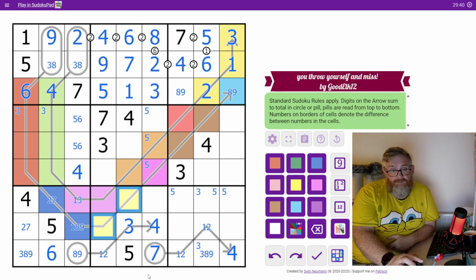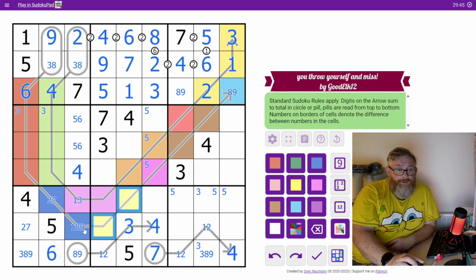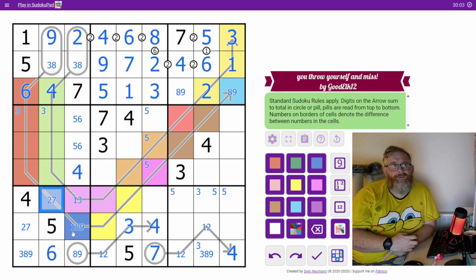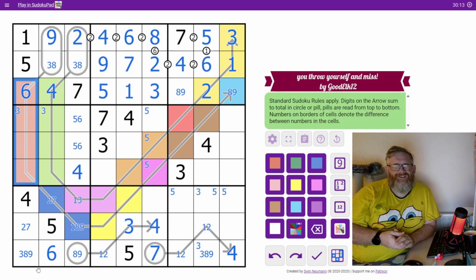So 20, 30, 34. This can be 17, except that can't be 8 or 9. So that can be 16. So 16, 34, 52. This is 30, 52 plus 30 is 82.